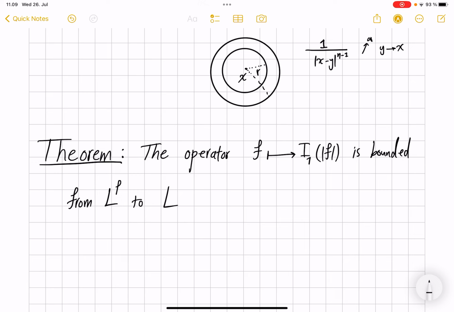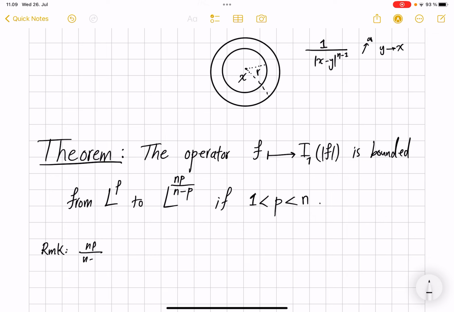LP goes to LP, but here it actually goes to an even more integrable space, L^(np/(n-p)), which you probably recognize as the Sobolev exponent. When p is in the range between 1 and n, not including 1, this is bounded from here to here.